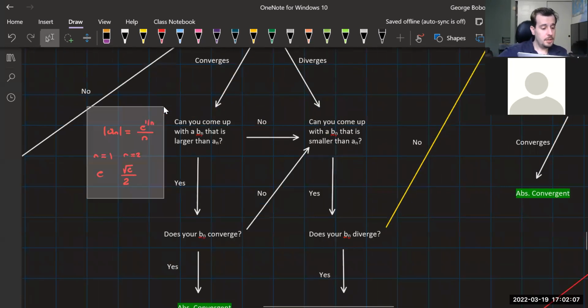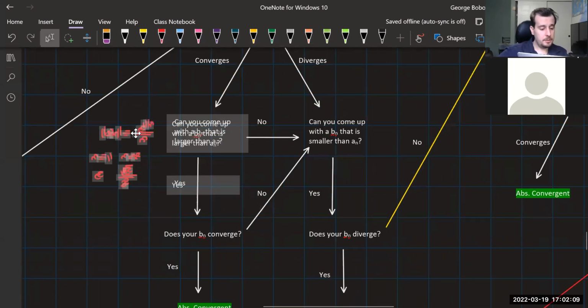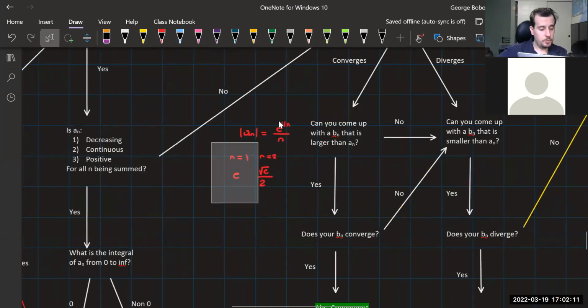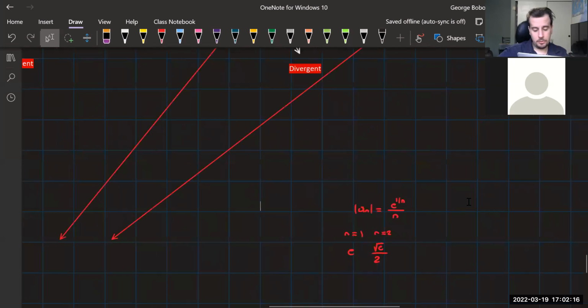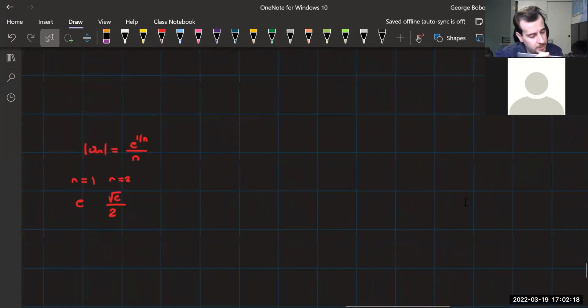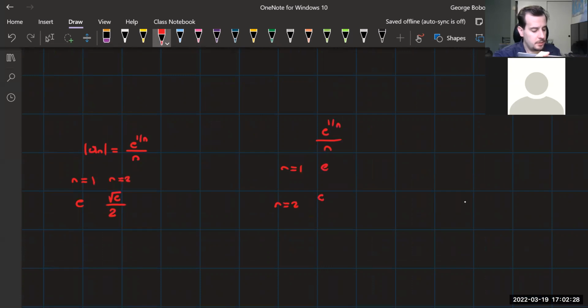So hold on, let me go. We need some space for that. Let's not ruin the chart, but we need some space. Remember, we had the little table over there? You have e to the 1 over n, and if you plug in n equals 1 and n equals 2, you get root e over 2, which again I would like to give as a number.